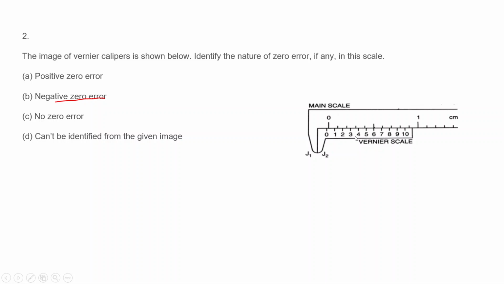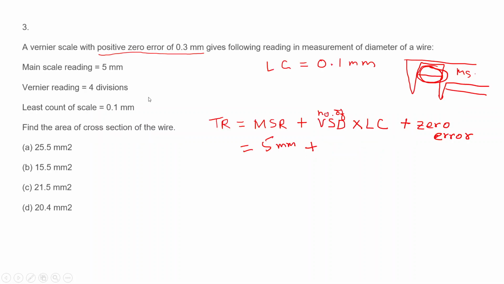So here it's given 4 divisions. So the number of vernier scale divisions will be 4, times the least count, which is given to be 0.1 millimeter, plus the zero error. Zero error is positive and it's 0.3 millimeter.